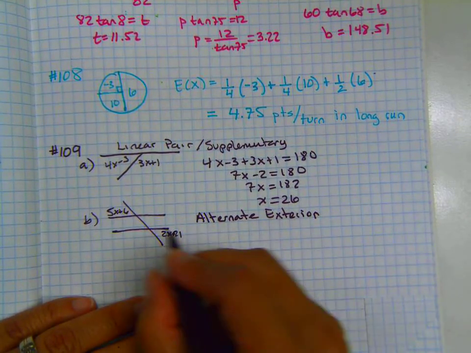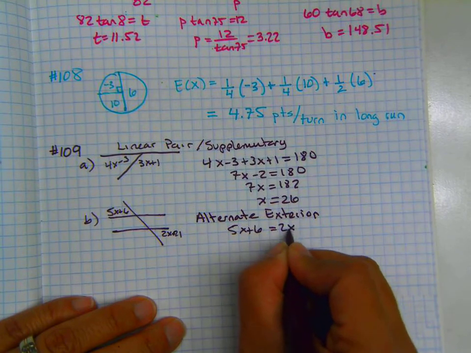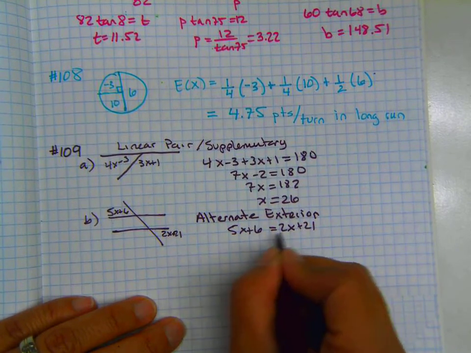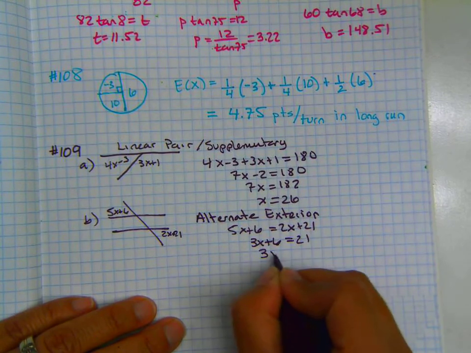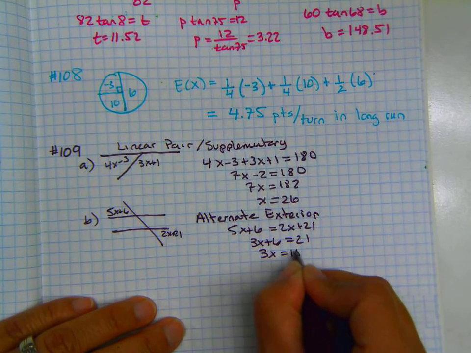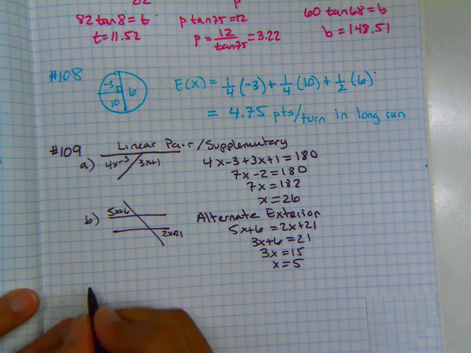So alternate exterior angles are congruent. 5x plus 6 equals 2x plus 21. Minus 2x from both sides. Minus 6 from both sides. X equals 5.